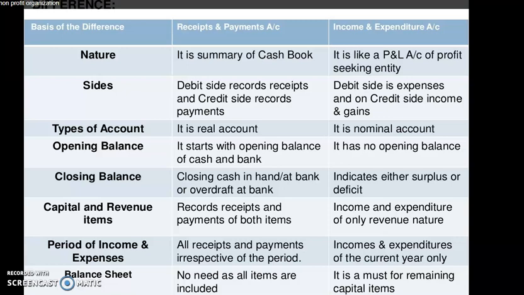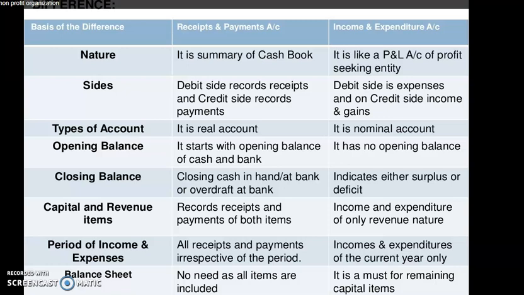Difference between the receipts and payments account and the income and expenditure account. First, on the basis of nature, the receipts and payments account is a summary of cash flow, and the income and expenditure account is like the profit and loss account of a profit-seeking entity.